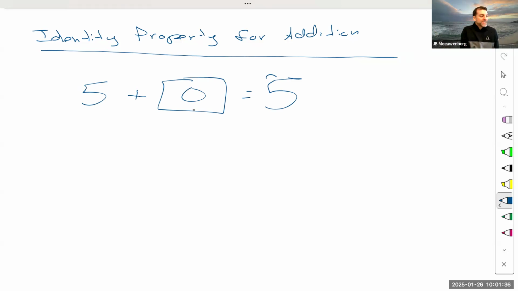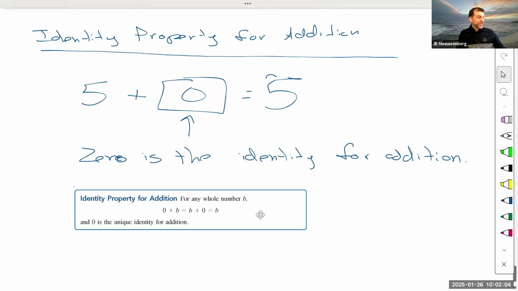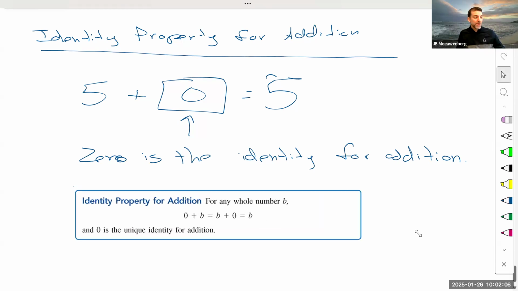So what that means is we say that 0 is the identity for addition, because when it's added to another number, there is no change. All right. Formally, we can state that like this because 0 is the only number that will do this.